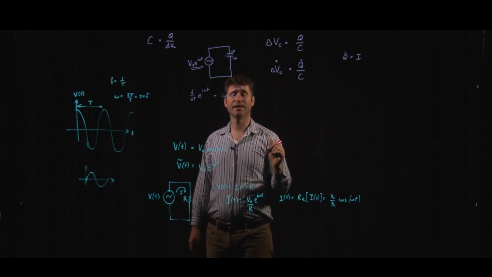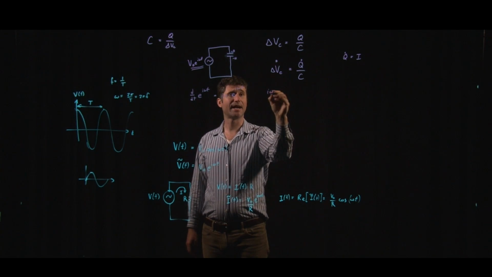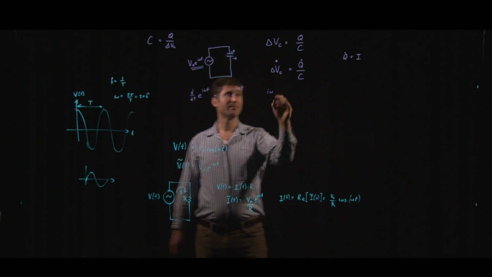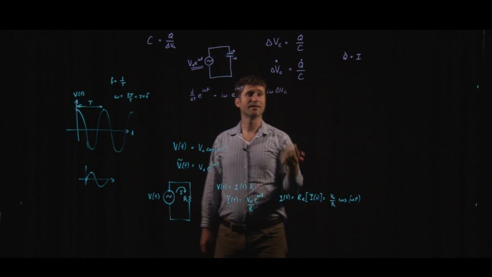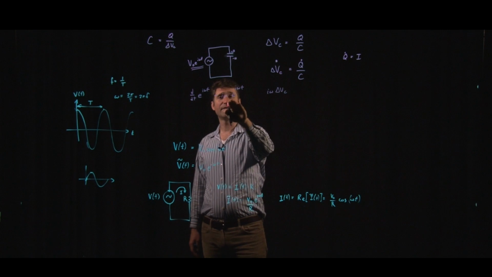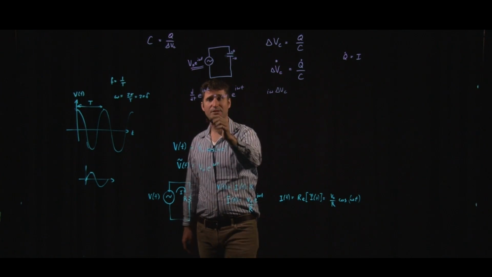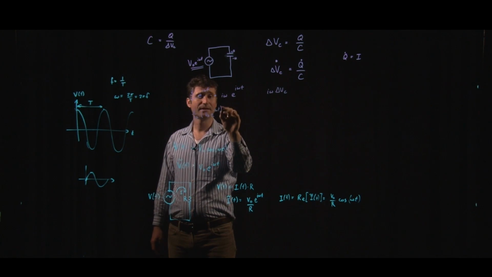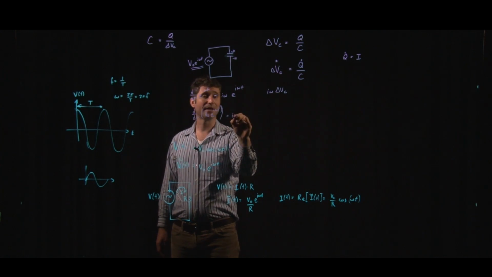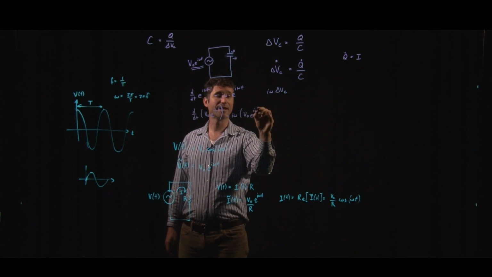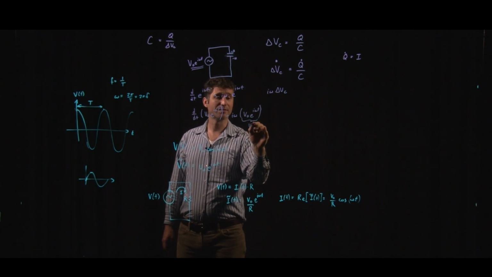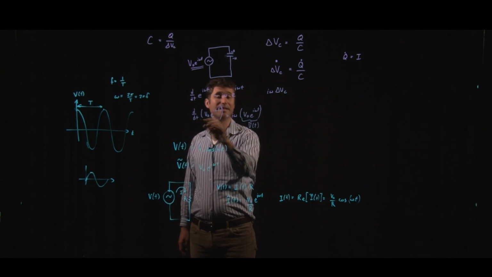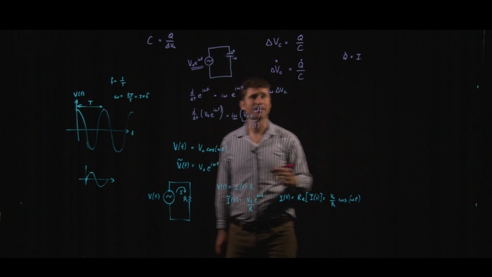So the time derivative of the voltage drop has an i omega times my original, which is V naught times e to the i omega t, which is just still delta V_C. So just by taking a derivative of this complex exponential, d by dt of V naught e to the i omega t, I'm bringing out an i omega, and I'm still left with V naught e to the i omega t, which is just V of t, or V squiggle if you'd like. So taking a time derivative just pulls out an i omega.